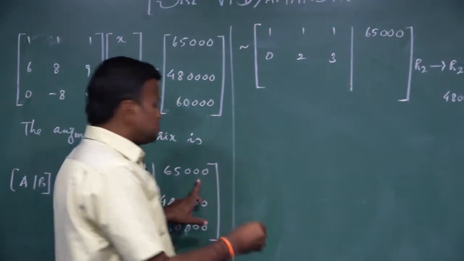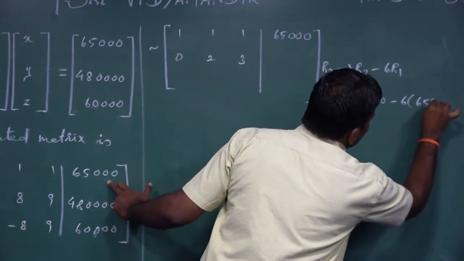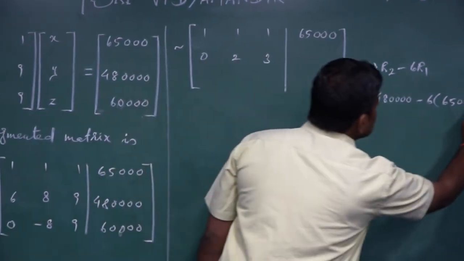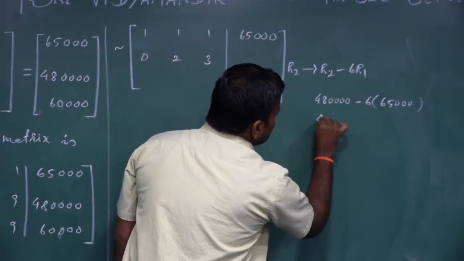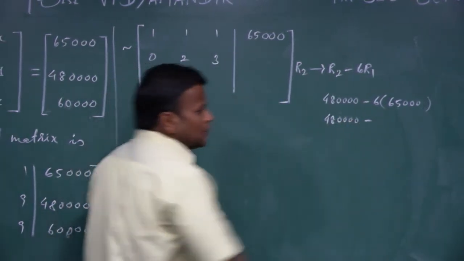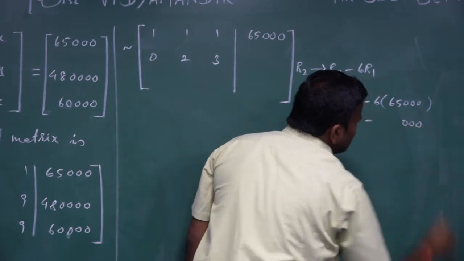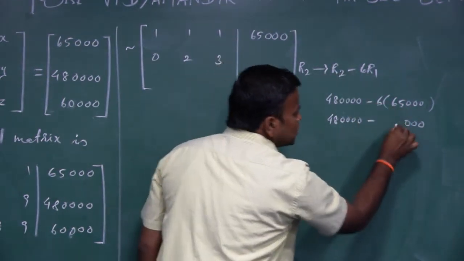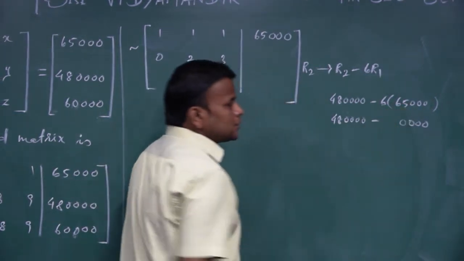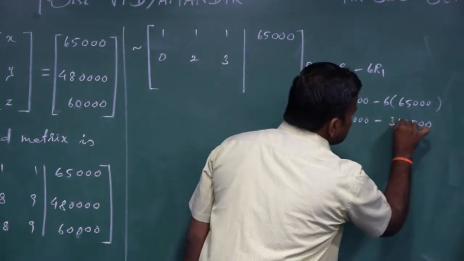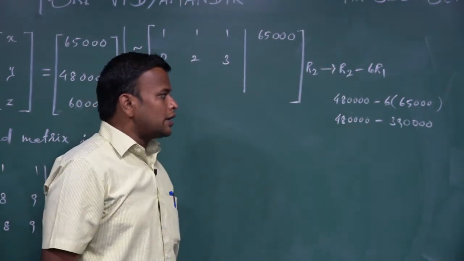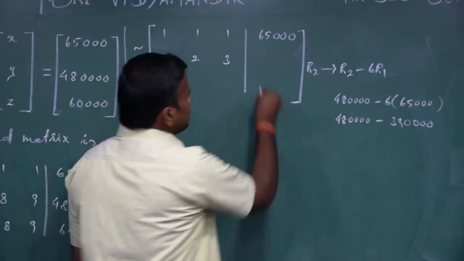So minus 6 times 65,000. 6 times 65,000 is 3,90,000; we already have 3 zeros, so we add 3 zeros. 6 fives are 30, 0 remainder 3. 6 sixes are 36 plus 3 is 39. So 4,80,000 minus 3,90,000. The answer is 90,000.